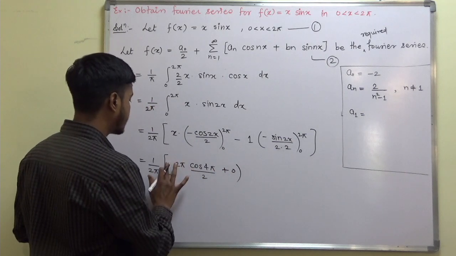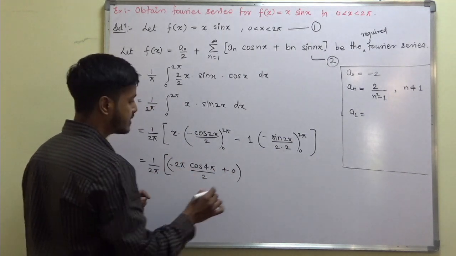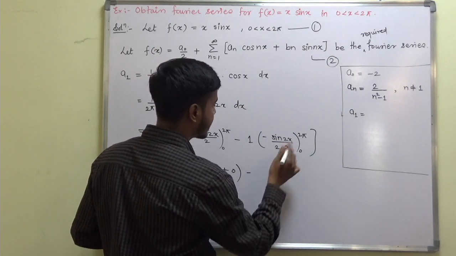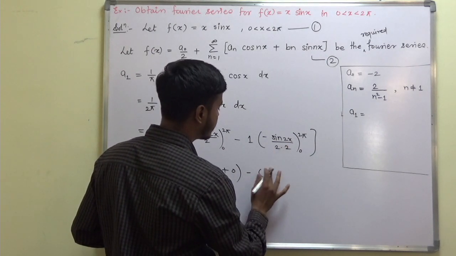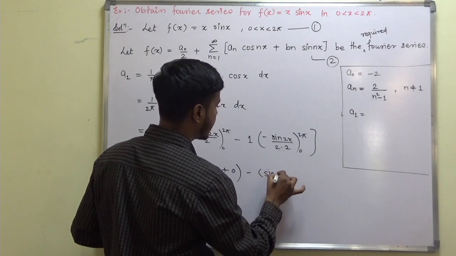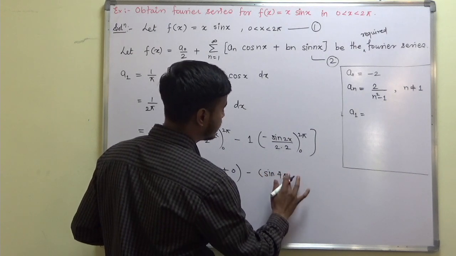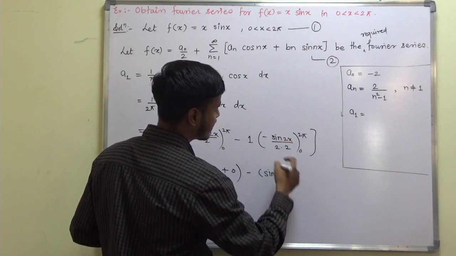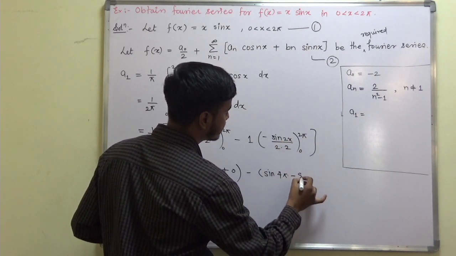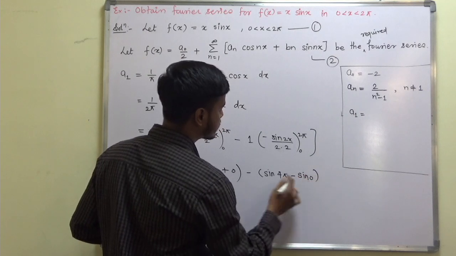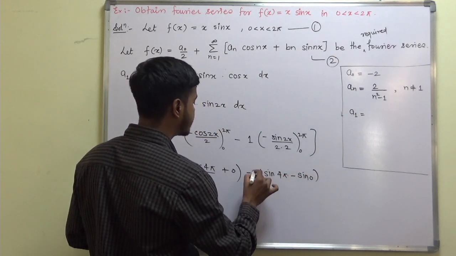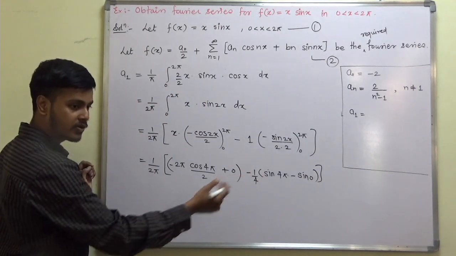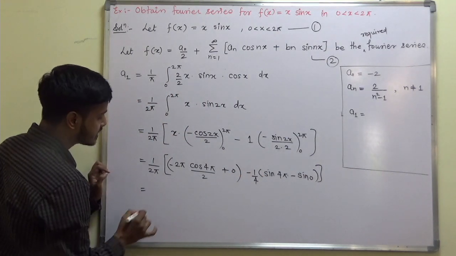So this is upper limit minus lower limit to first, minus upper limit minus lower limit, sin 0 is 0 and cos 0 is 0. So this is sin 4 pi minus sin 0, so sin 4 pi and sin 0 is 0.